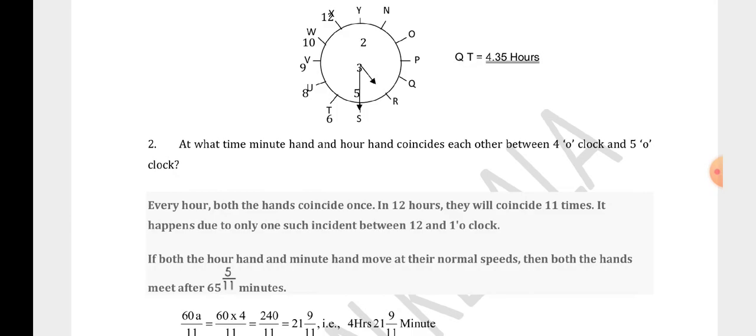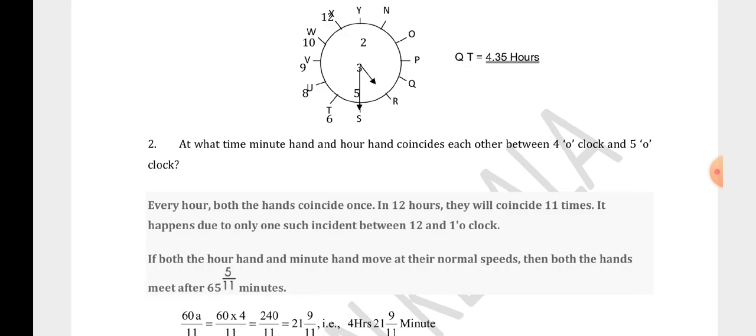We have already learned that it coincides once in every hour. In every hour, both hands coincide once. In 12 hours, they will coincide 11 times. That means it happens only once between 12 o'clock and 1 o'clock.